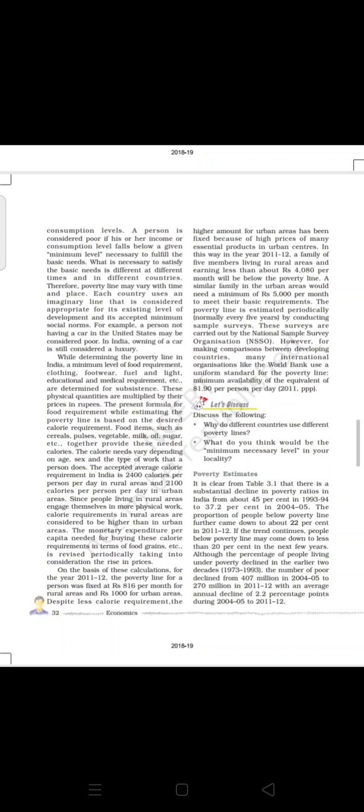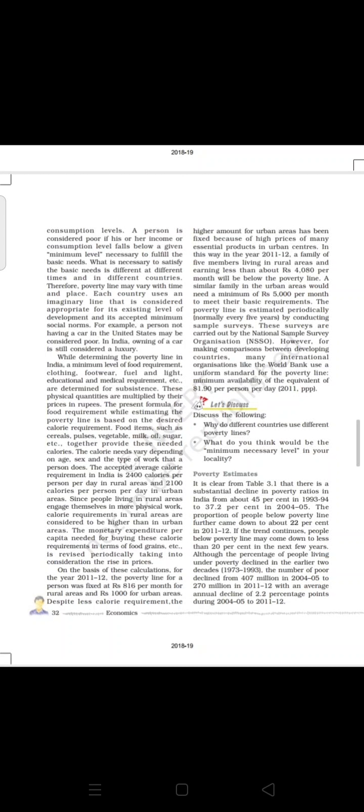These surveys are carried out by the National Sample Survey Organisation. However, for making comparisons between developing countries, many international organizations like the World Bank use a uniform standard for the poverty line: minimum availability of the equivalent of $1 per person per day.